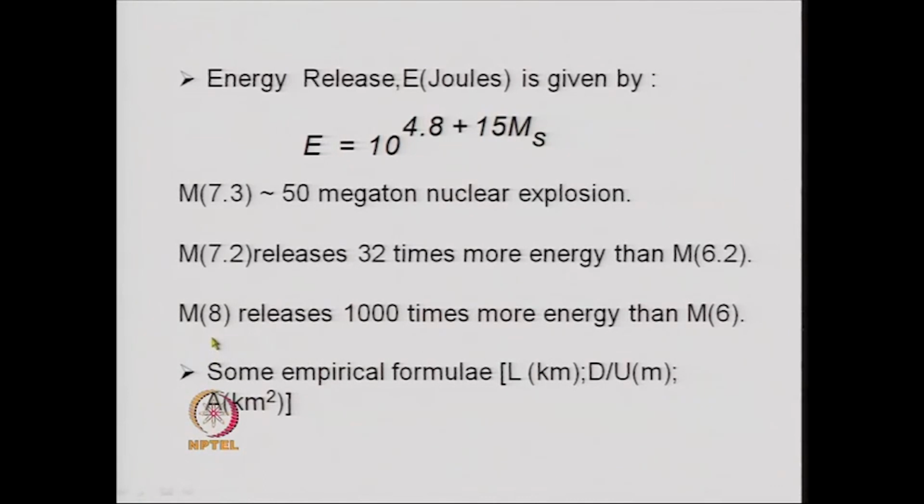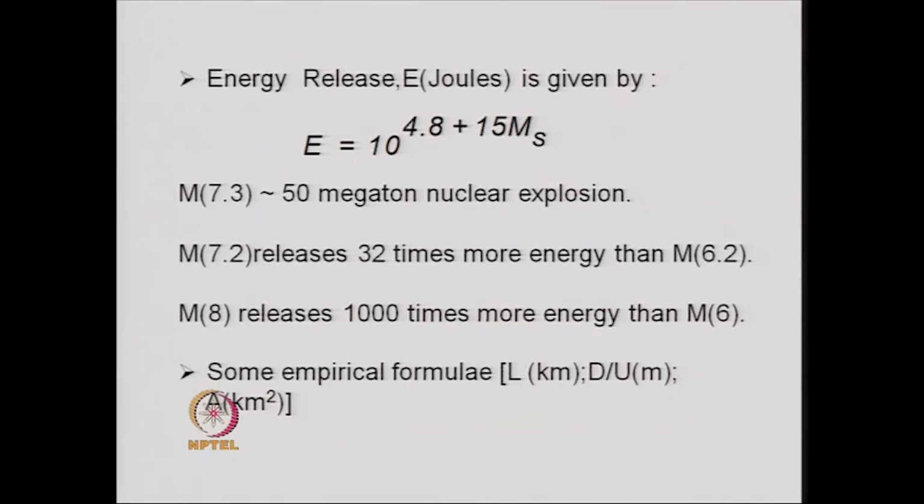Thus, we see that although in terms of the values, a magnitude of M equal to 6 and magnitude of M equal to 8 may not look to be of great difference, the energy released between these two earthquakes are of completely different order.